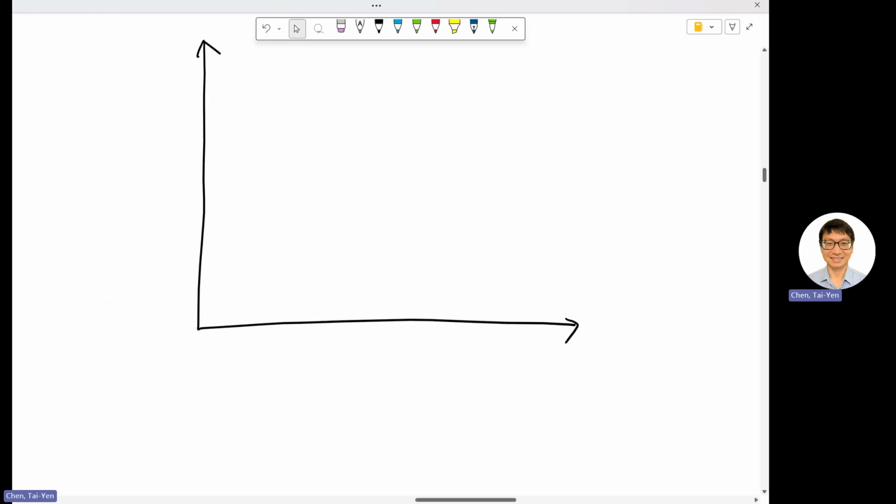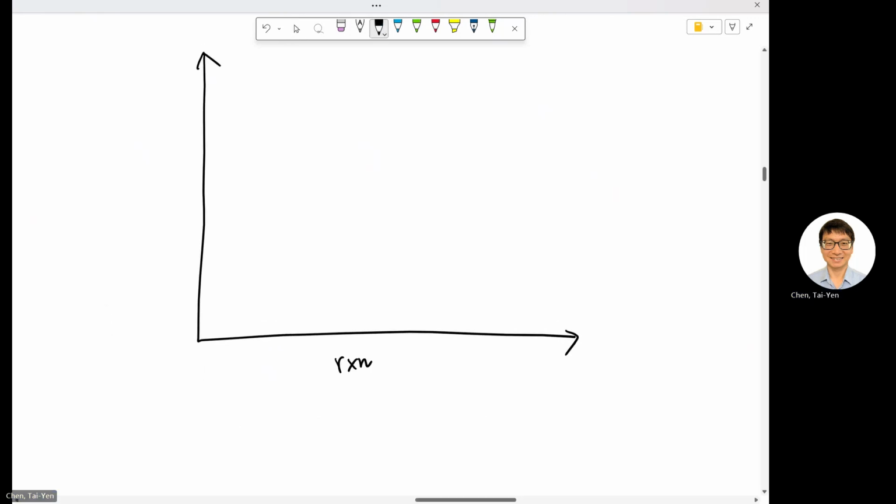The x-axis, typically you'll see, is called the reaction coordinate. Okay, so from the left side, it will be your reactant. On the right-hand side will be your product. And the y-axis will simply be the energy.